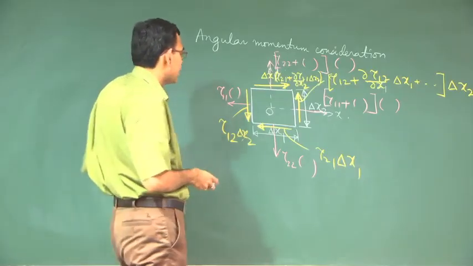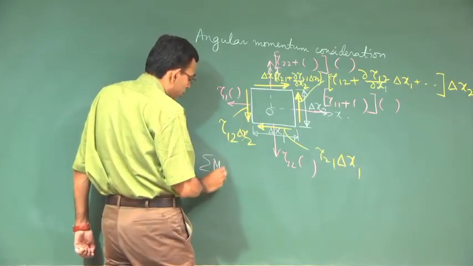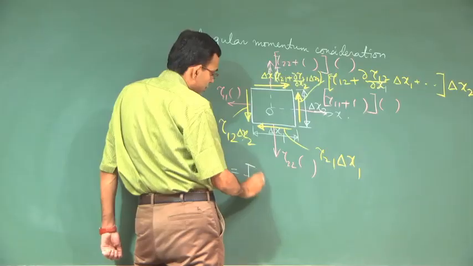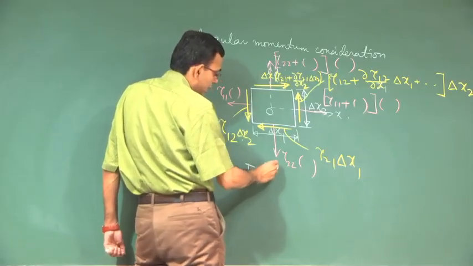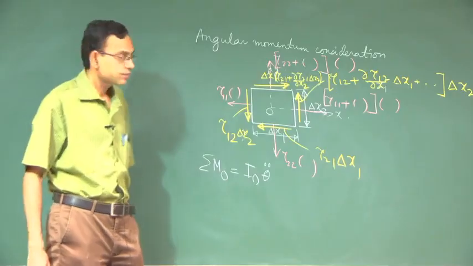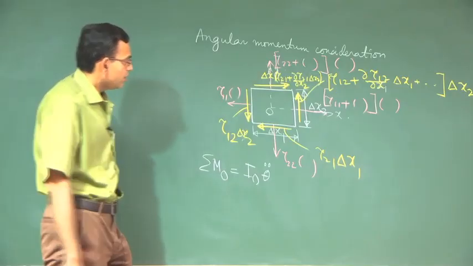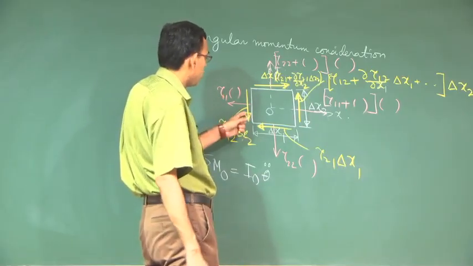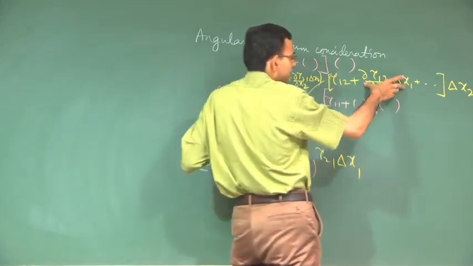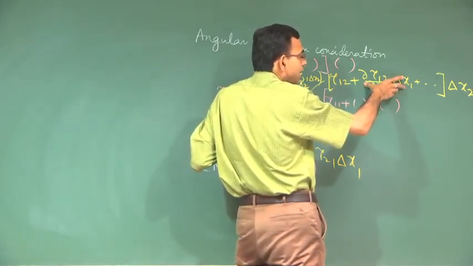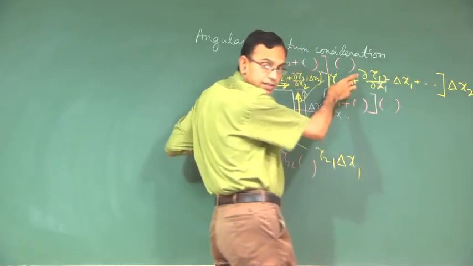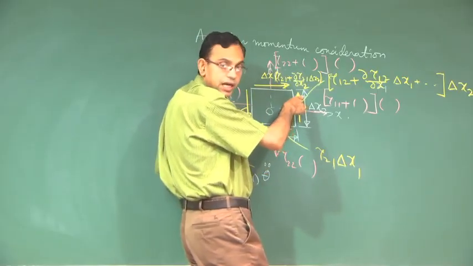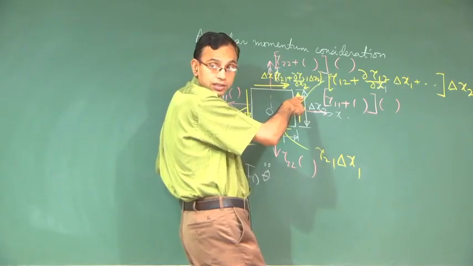Now we will write a simple equation for the moment of all forces with respect to O. This is the moment of inertia with respect to O times the angular acceleration. When we write the moment of forces, this is tau 12, and this is tau 12 plus a small change, which when multiplied by another small length becomes much smaller. Therefore, effectively both are tau 12 into delta x2 so far as the moment calculation is concerned.